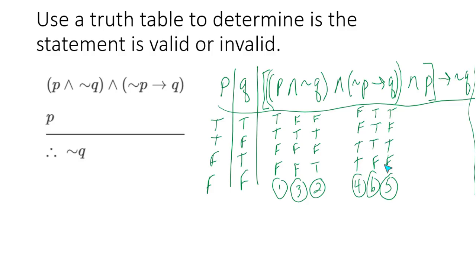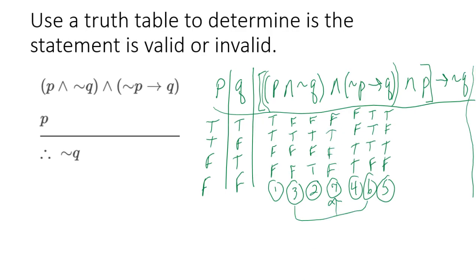So I'm going to use 3 and 6 to give me this conjunction. False and true is false. True and true is true. False and true is false. And false and false is false. Okay. Now I'm going to write down what P is.